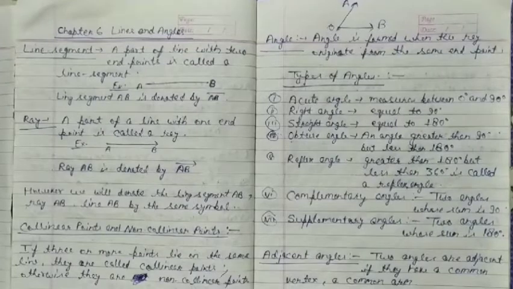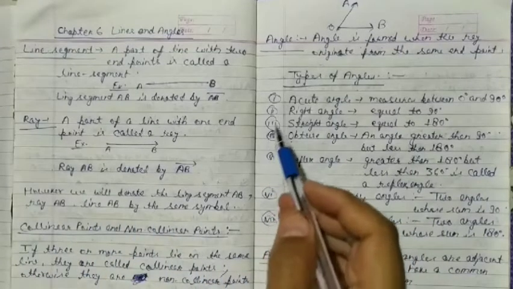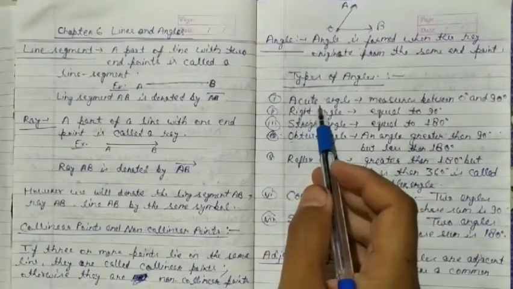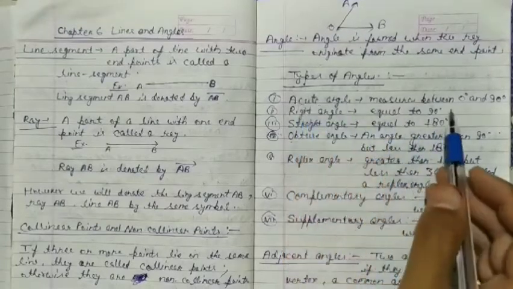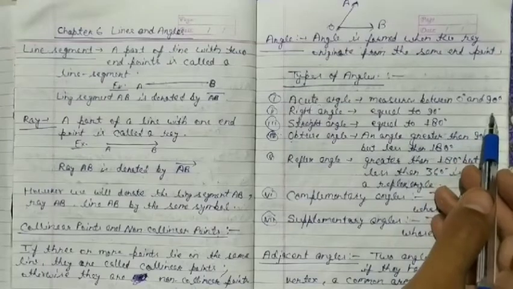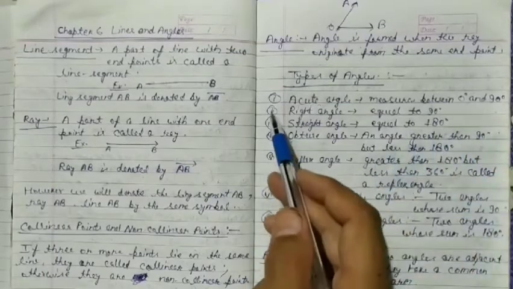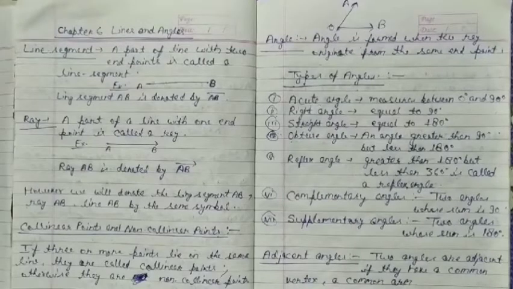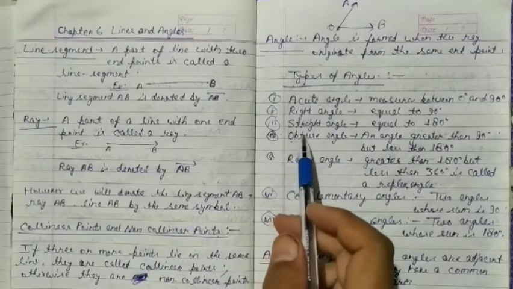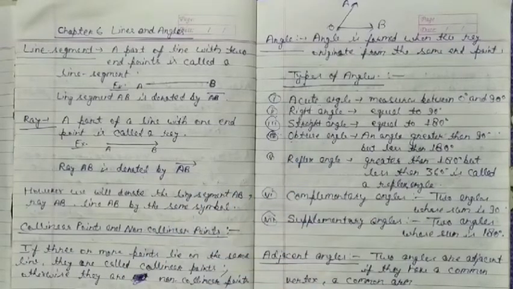Types of angle. Number 1, acute angle. The measure of an acute angle is between 0 degree and 90 degree. Second, right angle. The value of a right angle is equal to 90 degree. Straight angle, the value of a straight angle is equal to 180 degree.